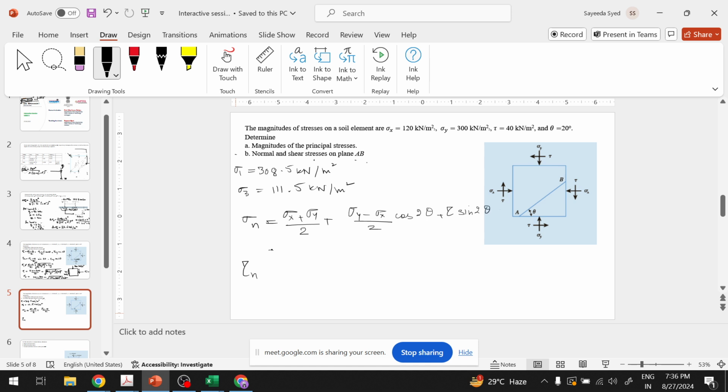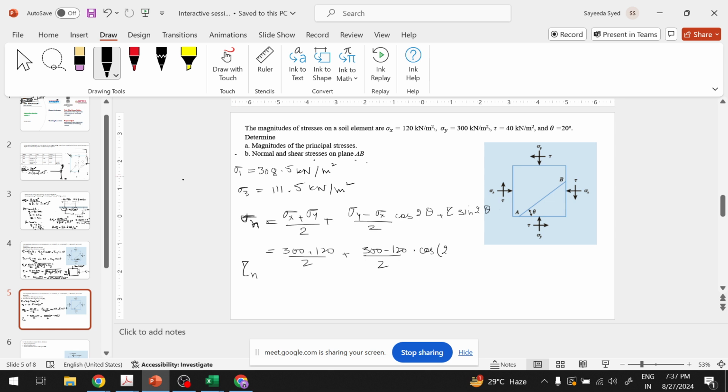This will be 300 plus 120 over 2 plus 300 minus 120 over 2. Sigma n is the normal stress.